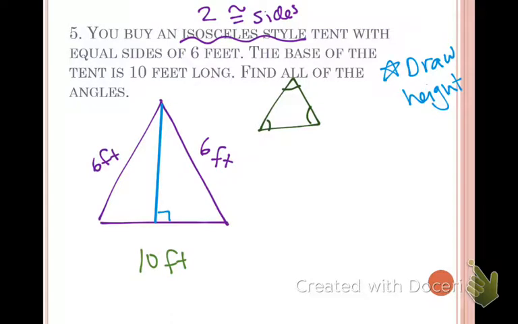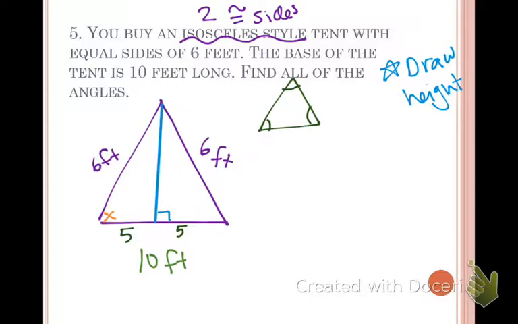Okay. So we're going to begin. Your height is dropped down. What can you guess about what it does to the 10-foot base? Cuts it in half. Because it's isosceles, these two pieces will be congruent. So 5 and 5. We are going to find this bottom left angle. Here's why.